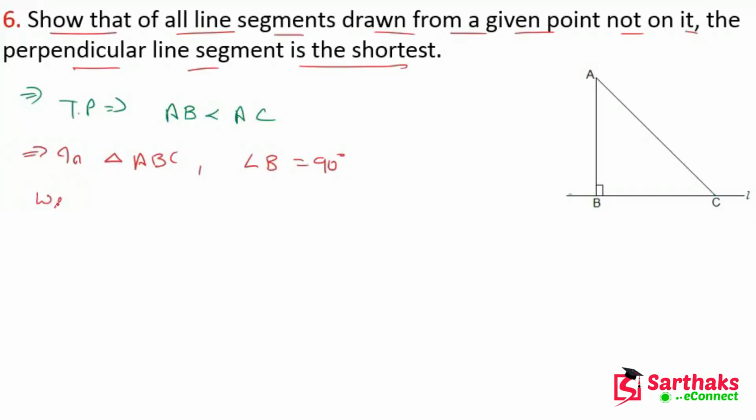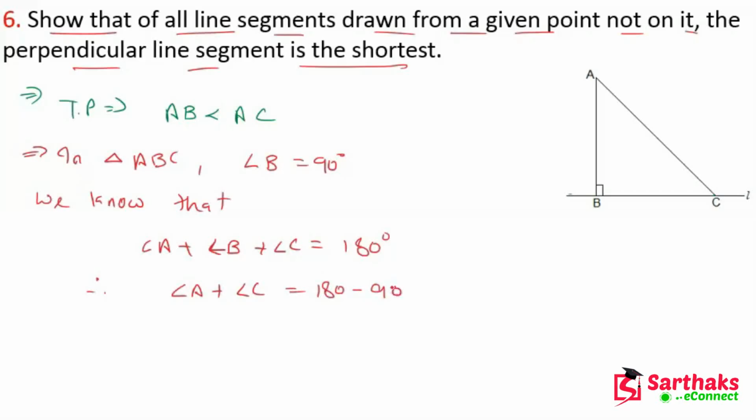And we know that angle A plus angle B plus angle C is equal to 180 degrees. So angle A plus angle C is equal to 180 minus 90, because angle B is 90 degrees. So angle A plus angle C is equal to 90 degrees.